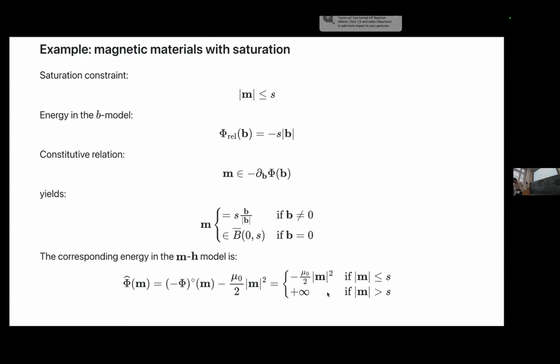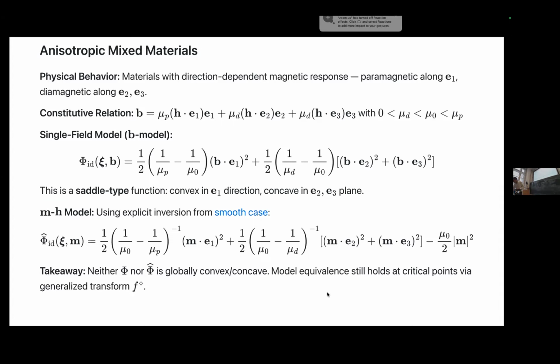Okay, and then another example I wanted to show is this. This is sort of constructed, because this is the typical situation where you have a material, a situation where our framework applies. This is essentially an energy which is diamagnetic in one direction and paramagnetic in the other direction.